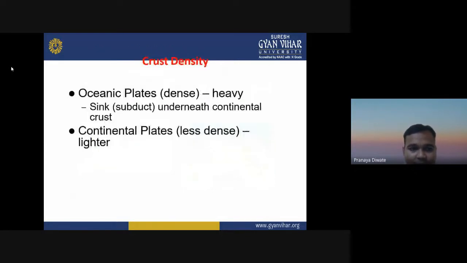Then you have oceanic plates, which are heavy and sink underneath the continental crust. Then you have continental plates, which are less dense and lighter.